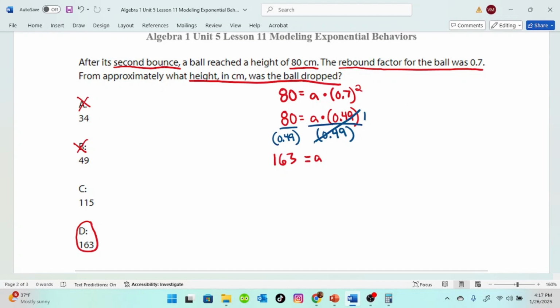So A and B could have been done logically. Then it would have come down to C and D. But if you just fill in the information that they give you into the exponential equation, then you can just isolate the unknown, which is the starting height, and solve for A.